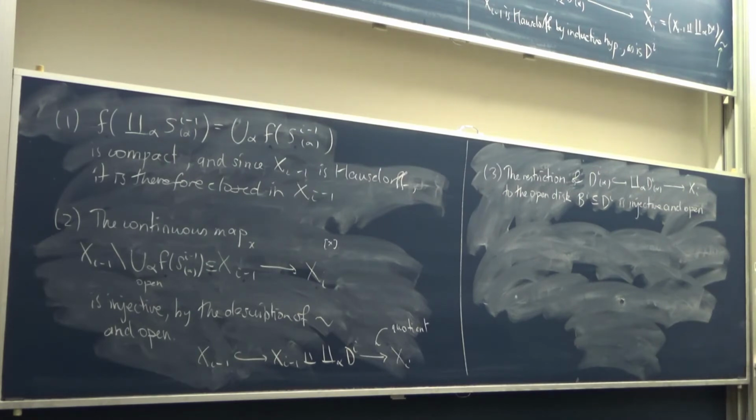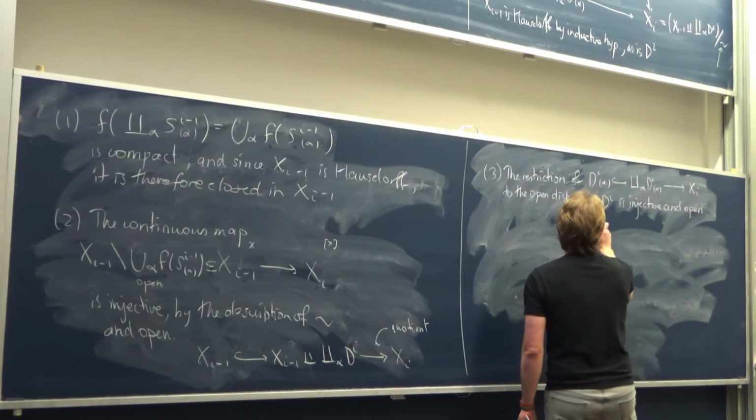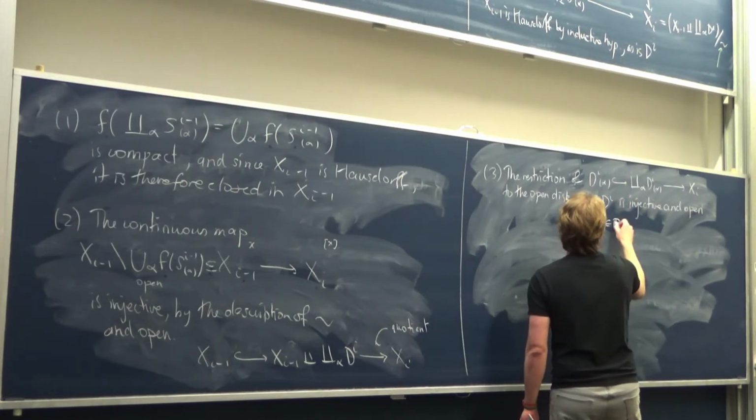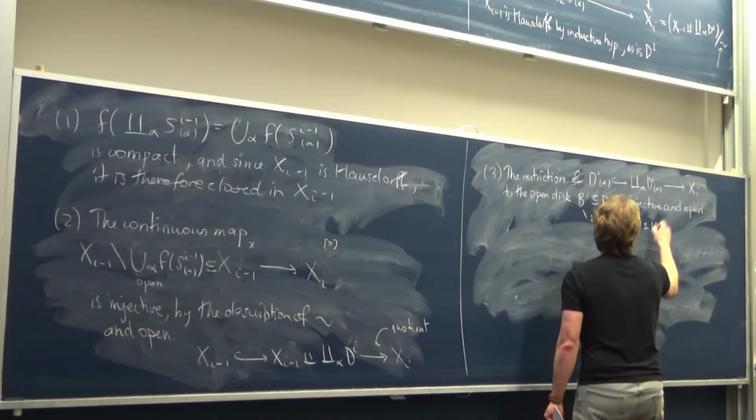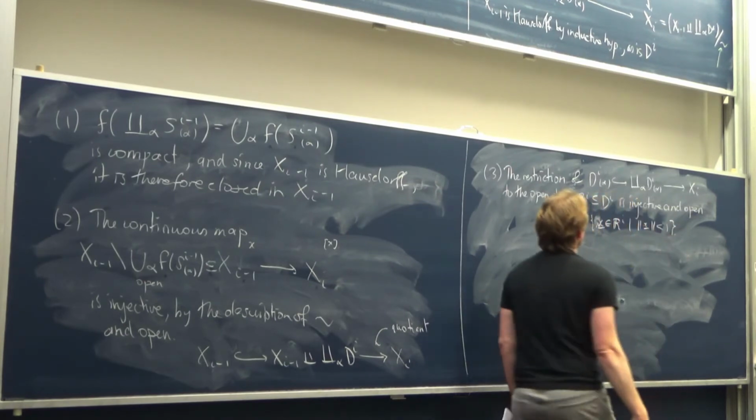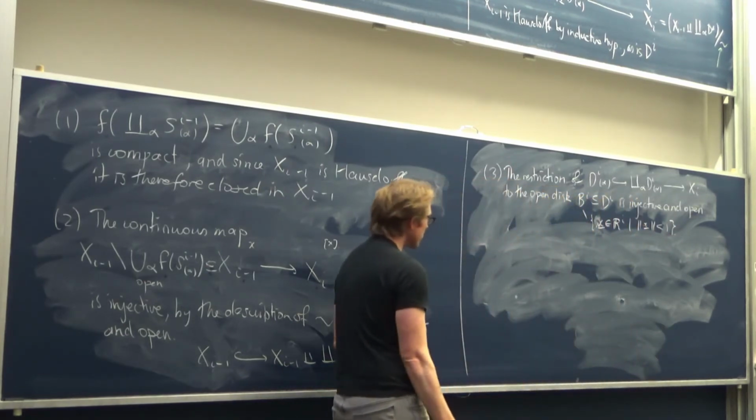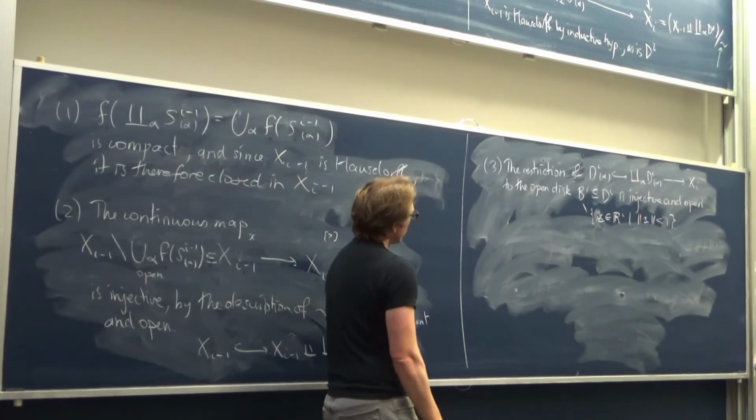Okay, so by BI, maybe I should write all those. Right, the disk was less than or equal to, BI is less than.